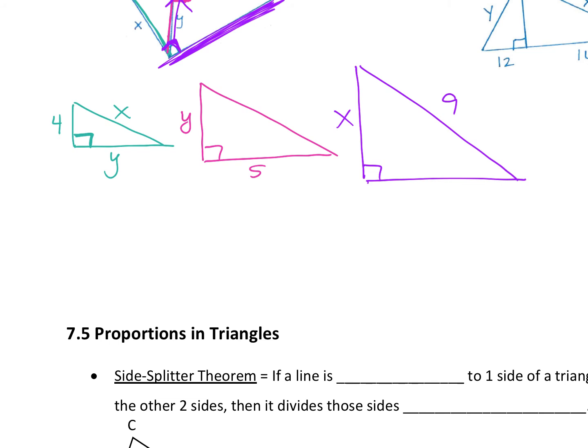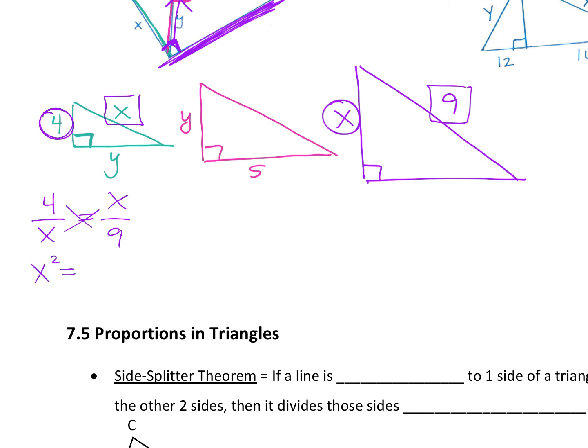So we can say 4 corresponds to x, right? So 4 over x equals what? X over 9. Hypotenuse over hypotenuse. Cross multiply that, and we get x squared equals 36. What is x? 6. Take the square root. X is 6.